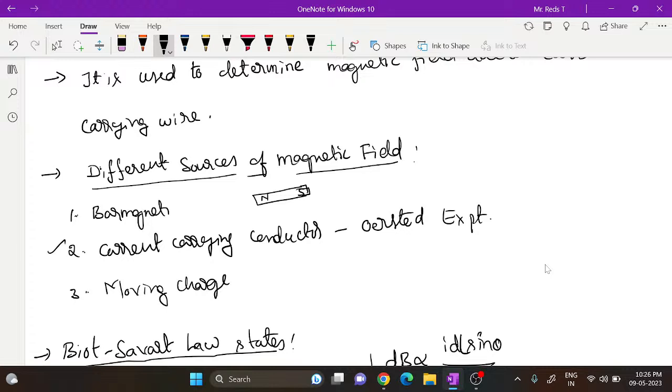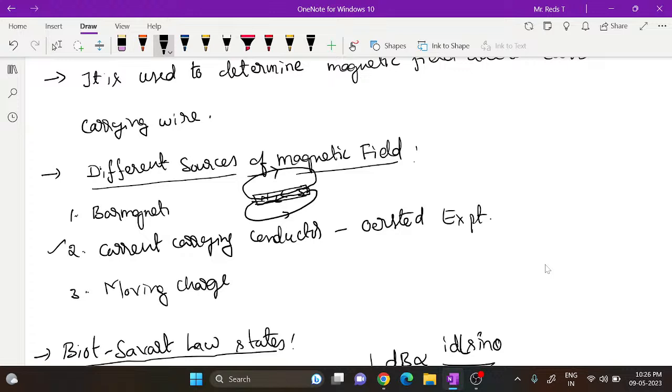Magnetic field lines start from north pole and end at south pole. Outside the magnet they travel from north to south pole, and they travel from south to north inside, and hence they form closed loops. So bar magnet is one of the sources.